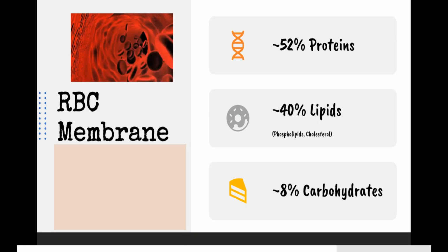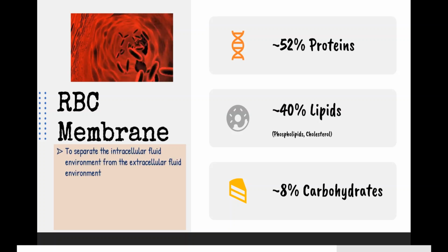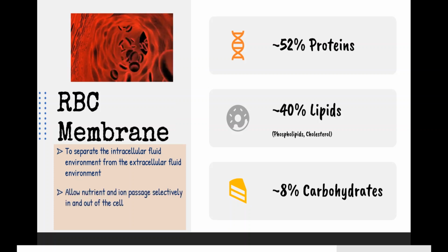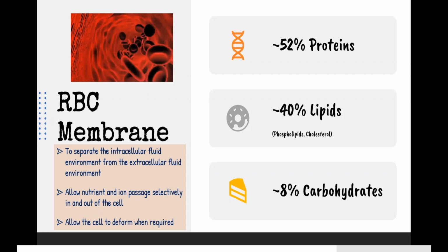Now, the RBC membrane, as I have said, is used to separate the intracellular environment from the extracellular environment. It allows nutrient and ion passage selectively in and out of the cell, and it also allows the cell to deform when required. As I have mentioned, it is an important property of the RBC to be flexible and at the same time deformable, especially since RBCs deliver oxygen to the different tissues of our body.